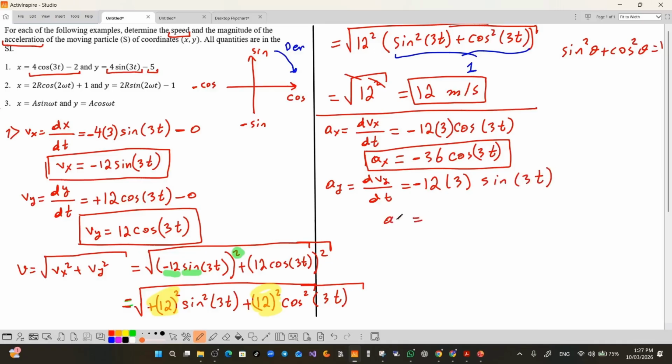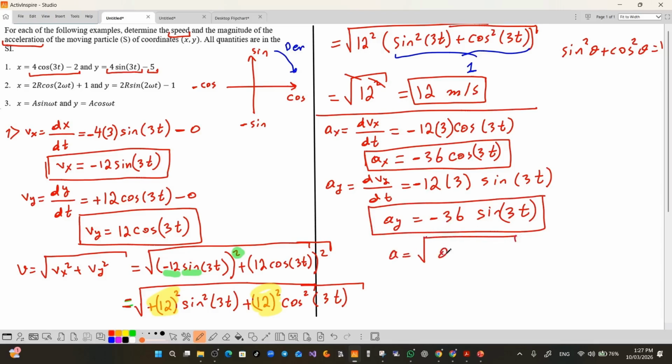And the final answer for the ay is minus 36 sine 3t. Now you can expect that the magnitude of the acceleration will be 36. Now a is equal to the square root of ax squared plus ay squared. By following the same argument that I did for the speed, you can realize that the a is equal to 36 meters per second squared.